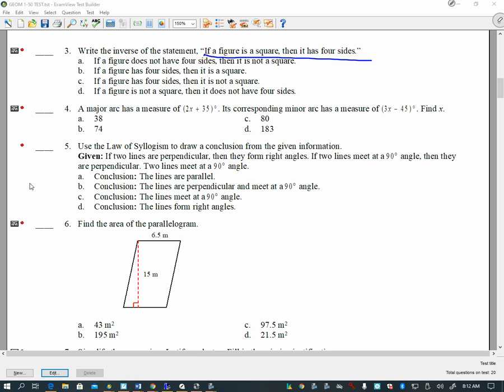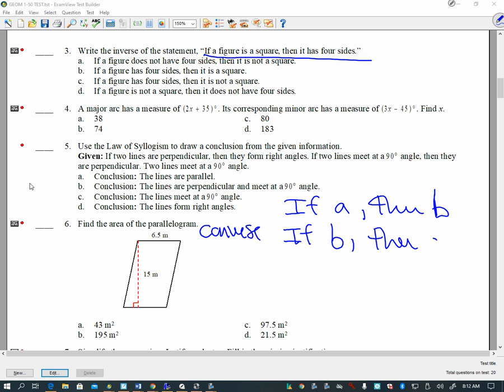So if I have, here's if A, then B. And we should be so familiar with this by now, should be second nature. So converse is what? If B, then A. All it does is flip.